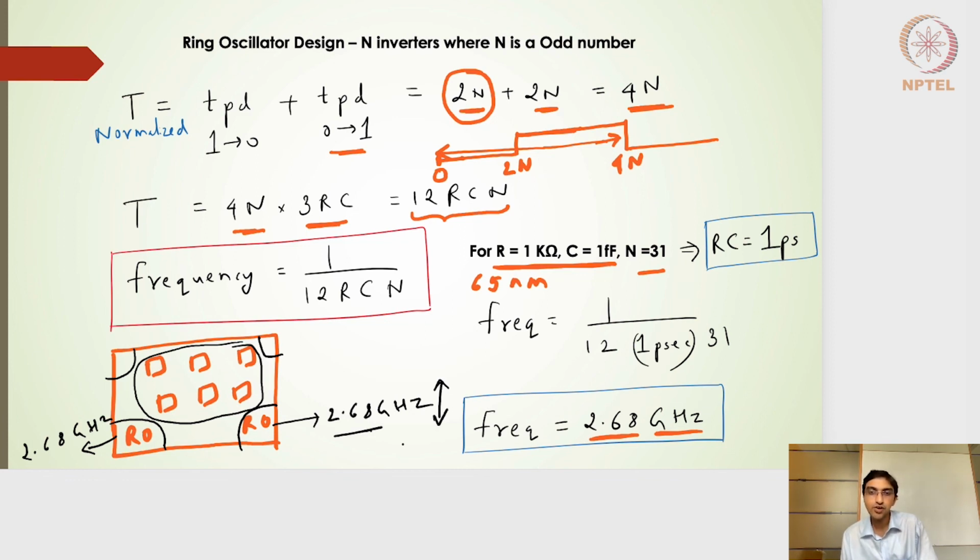Especially it is used in many mixed signal circuits where the analog circuits are also there and we want a clock. So in that sense, the ring oscillator design is very useful, and it turns out to be a very simple design where we have cascaded inverters fed back to the input of the first inverter. Hope you have understood this particular aspect of the ring oscillator.